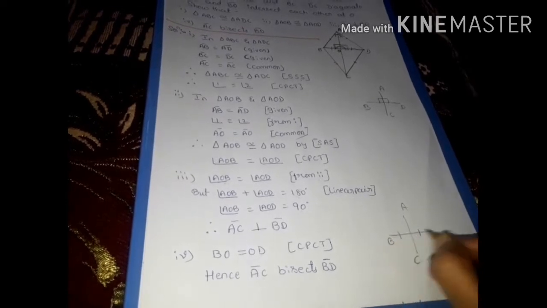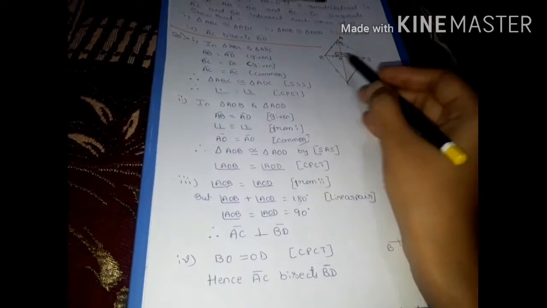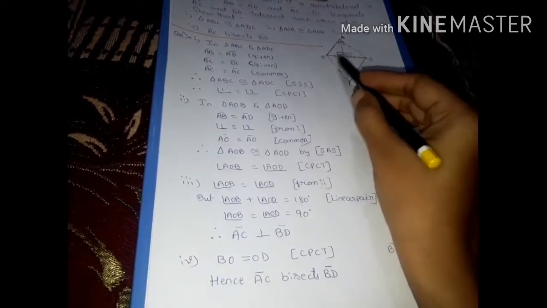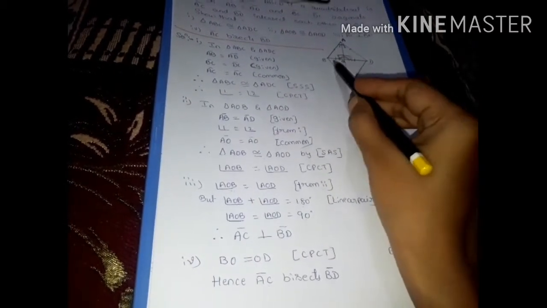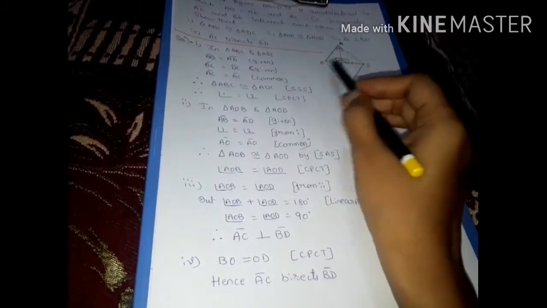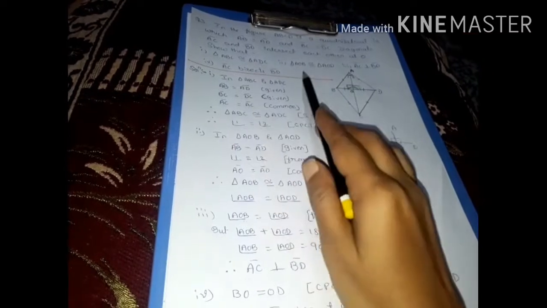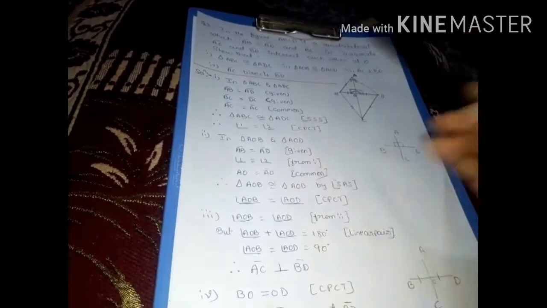How did we prove it? From the congruency condition, we proved these two sides are equal by CPCT, which indicates AC bisects BD. So we proved the fourth sub question, AC bisects BD. From question number 3, we proved all 4 sub questions.